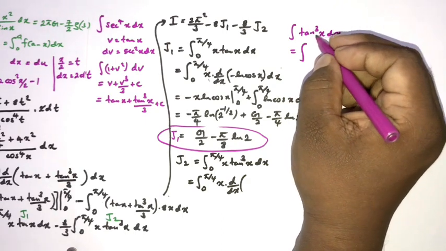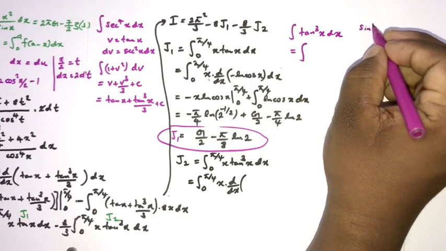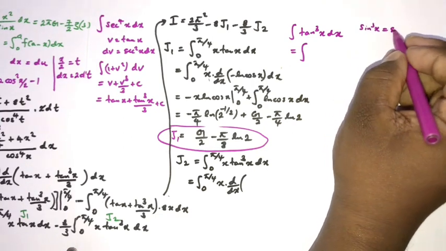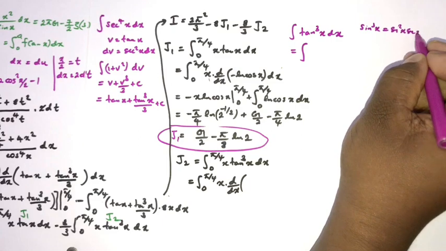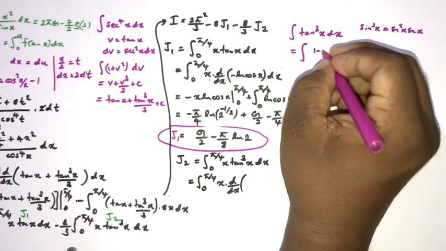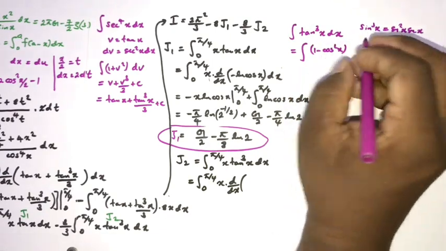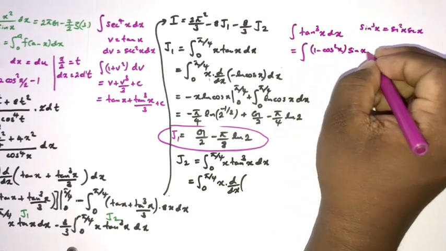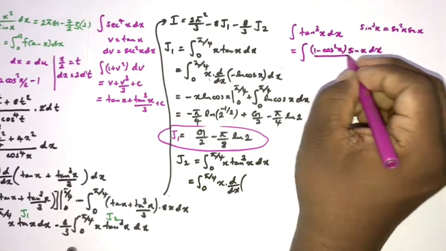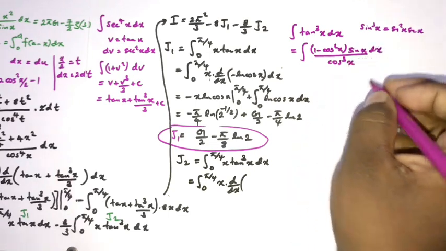Sine cubed of x we can write as sine square of x times sine of x. Sine square of x we can write as 1 minus cosine square of x, then sine of x dx over cosine cubed of x.